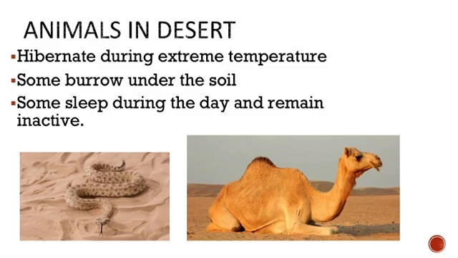What is an example of a nocturnal animal? That is the owl. Yes, the owl sleeps during the daytime and stays awake the whole night. So the owl is the best example of a nocturnal animal.